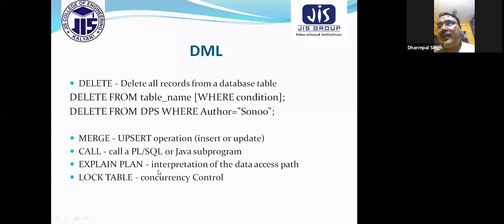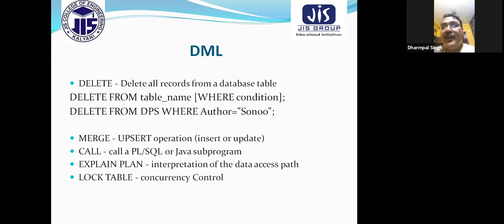Explain plan is the interpretation of the data access path. Suppose I mention that in this way your system will be executed. These are not generally required, but you can say these are part of DML. Explain plan says that in this way you have to execute the operation. Lock table is for concurrency control, because we know that multiple users can access the same table.